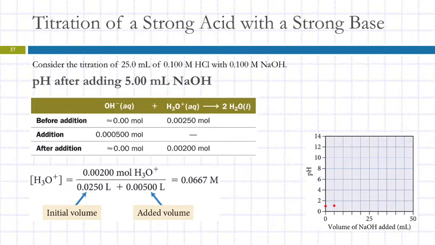Well, 5 milliliters of sodium hydroxide is how many moles? 0.0050 liters times 0.1.